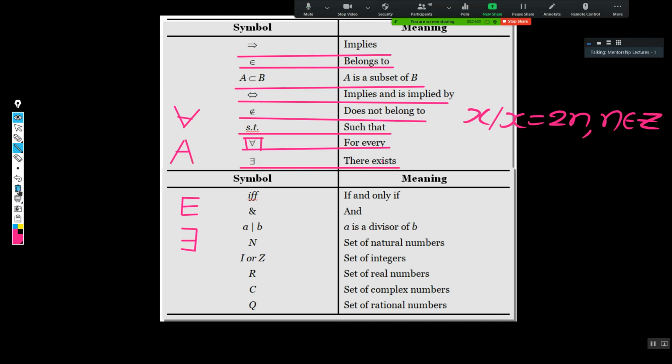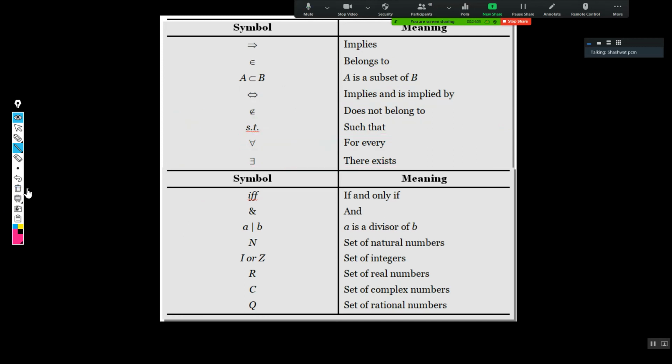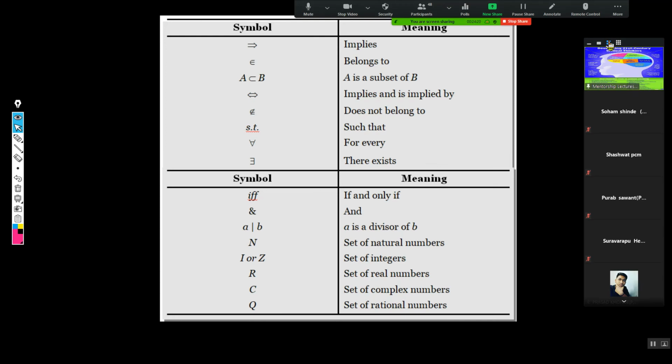Saswat? Yes, sir. I don't need to say the first one again because it is frequently used.